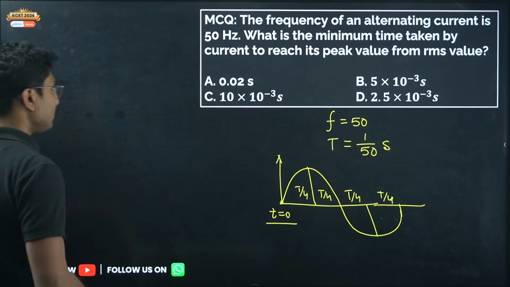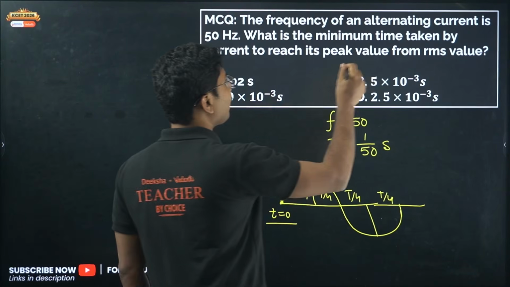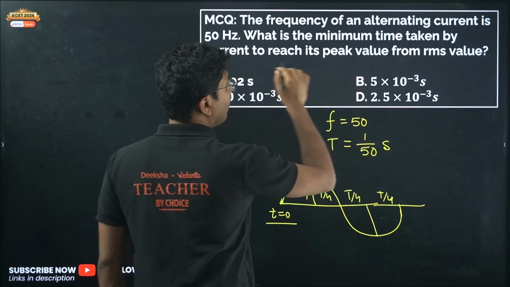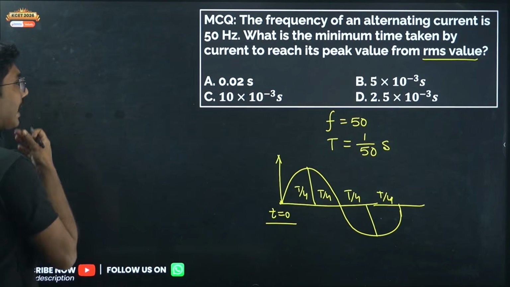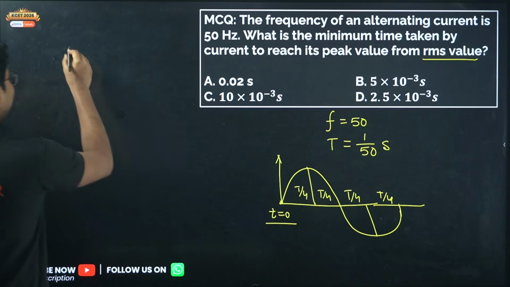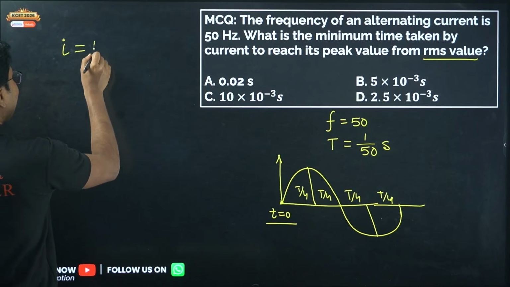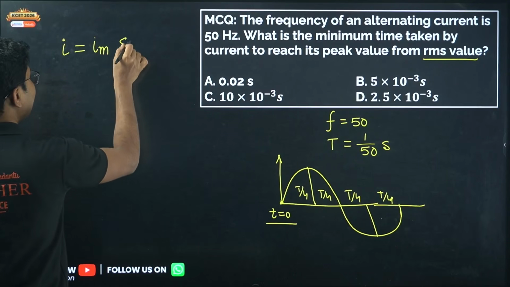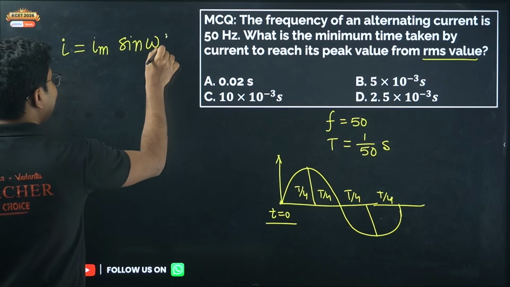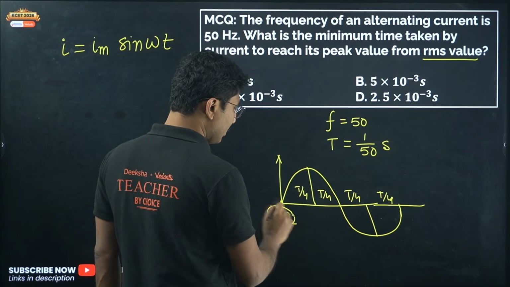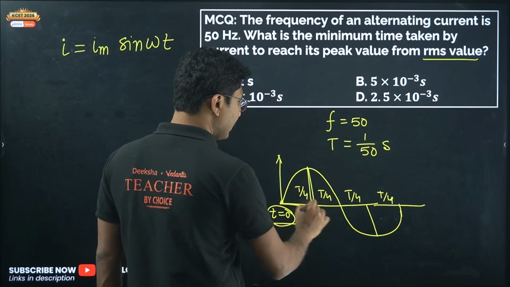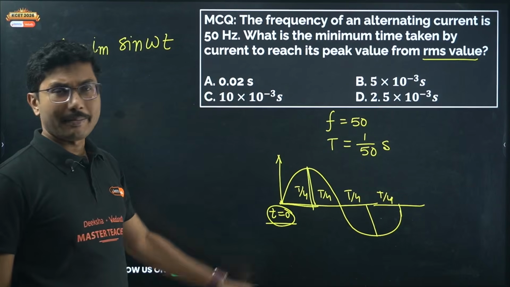Now we have to find the time starting from the RMS value. We know that current is given by I = Im sin omega t. If you start from t equals 0, at t equals T/4 you would get the maximum value.